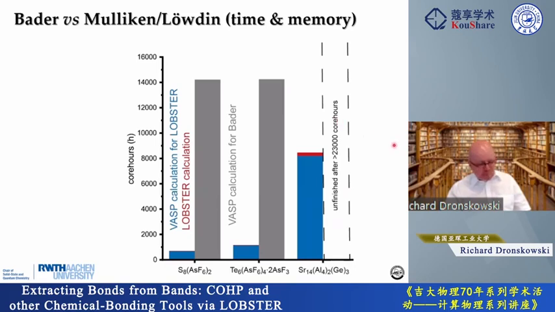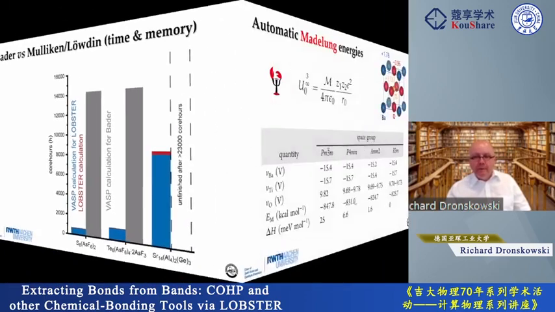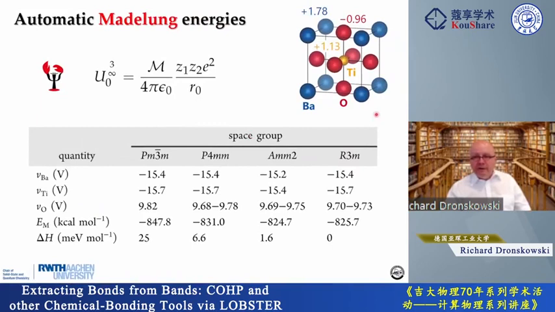So I highly recommend that you calculate atomic charges directly from the wave function through LOBSTER, mostly Löwdin, but also Mulliken. It is far more accurate than Bader and far more efficient than Bader because you operate with the wave function. So when you do this directly from the wave function, you can say for barium titanate, you find accurate charges for titanium, for barium, for oxygen.